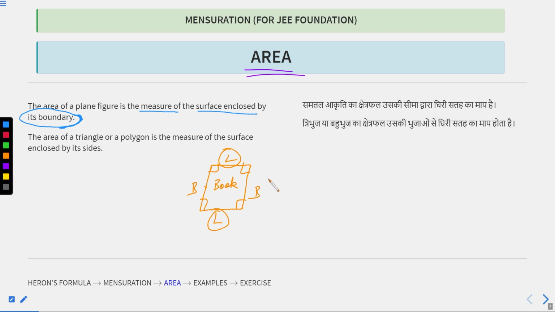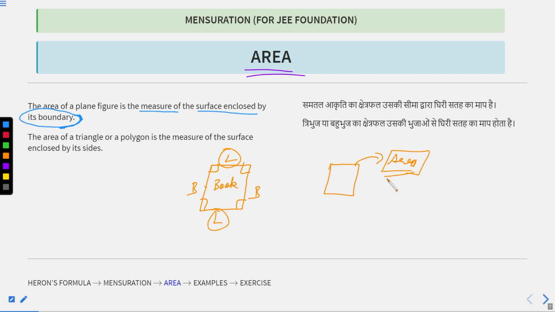Okay, so this book, if you put it on any table, will cover some part of the table. That covered part, we say the book is covering that much area. So that covered part we call the area of the book. Wherever you put the book, the same amount of part or region is covered.